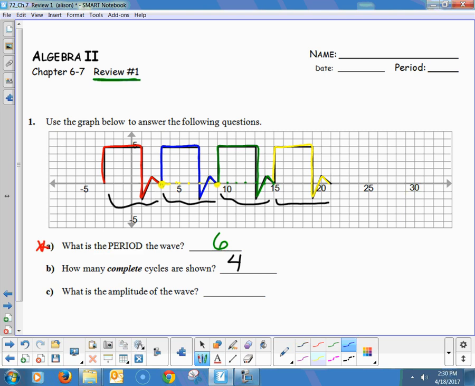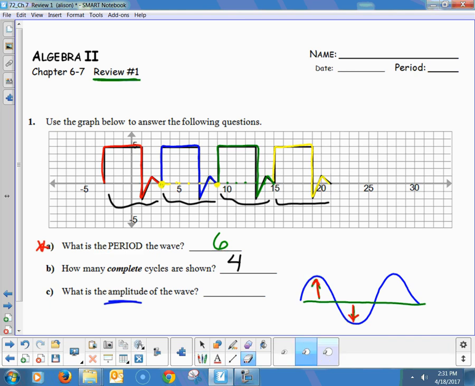And what is the amplitude of the wave? You're used to seeing amplitude for sine waves, where the amplitude is that A value, or how far up and how far down. In fact, amplitude is displacement from the center. If I'm looking at this wave, the bottom is at -2 and the top is at 5.